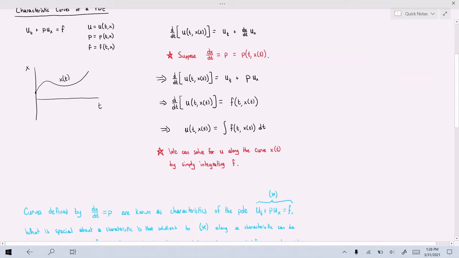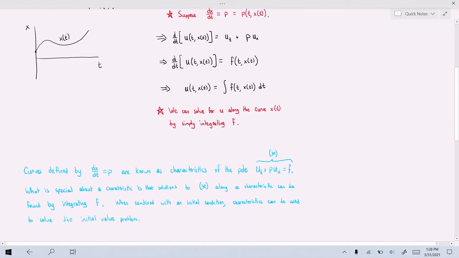Okay. So curves defined by this equation, dx/dt equals p, such curves are known as characteristics or characteristic curves of the PDE that we have here.